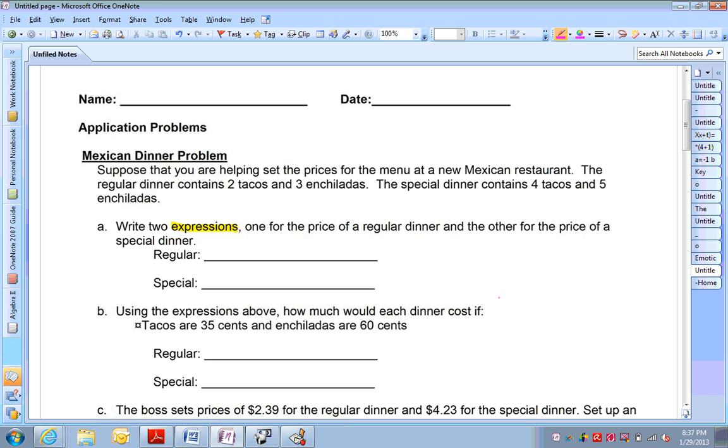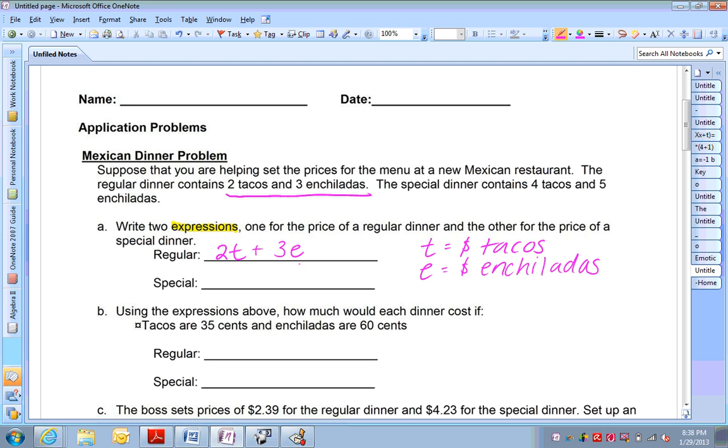So before we start the regular dinner, we need to define our variables. I'm going to let T equal the price of the tacos. I'm going to let E equal the price of the enchiladas. Okay, so if I were to create an expression for the regular dinner, it'd be 2T, 2 times the cost of a taco, plus 3E, 3 times the cost of an enchilada.